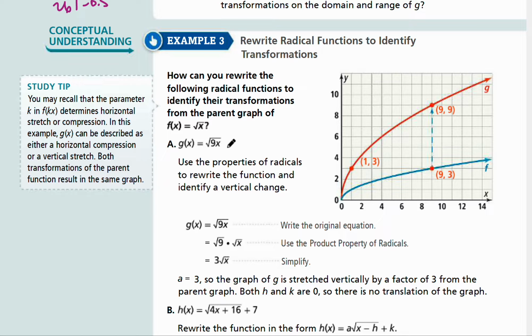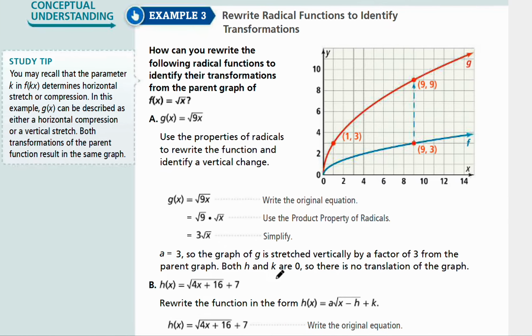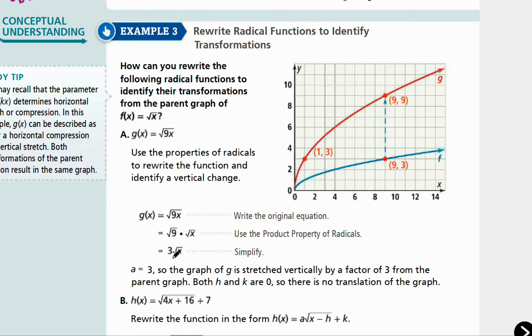Root 9x, we're going to separate into root 9 times root x. Then we simplify root 9 as 3, and so that would be 3 root x. And so 3 would be our A.